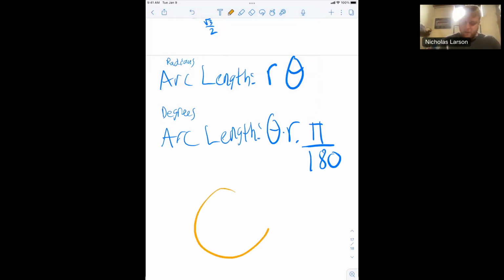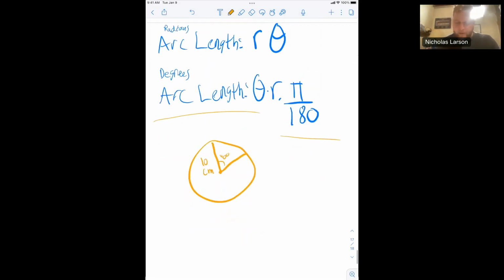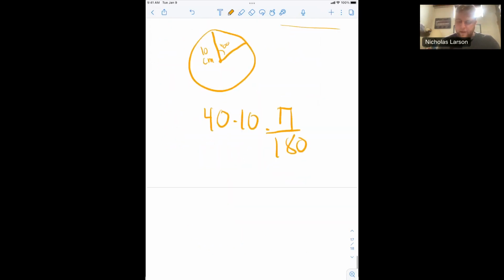So if I had a circle, something like this, say this is 10 centimeters and this is 40 degrees. Because I need degrees, I'm going to use this one. So my theta is 40, my radius is 10, and I'm going to multiply it by pi over 180. I would recommend keeping it in terms of pi.